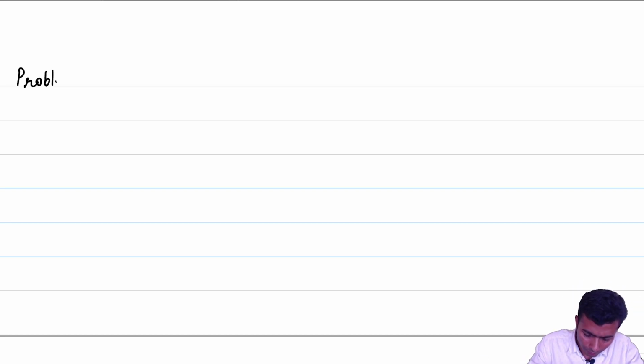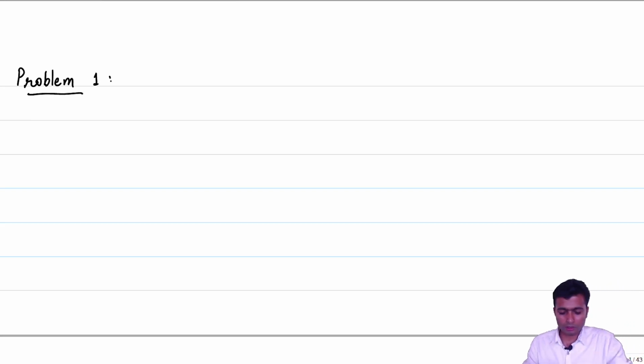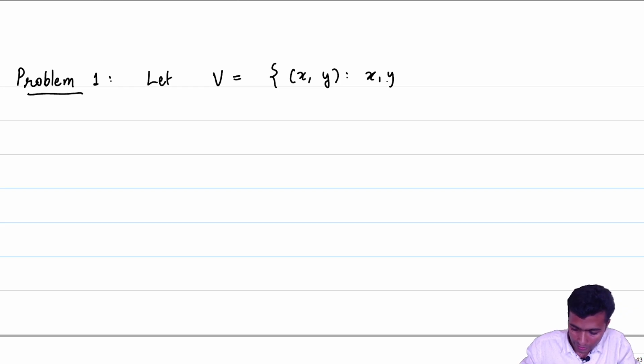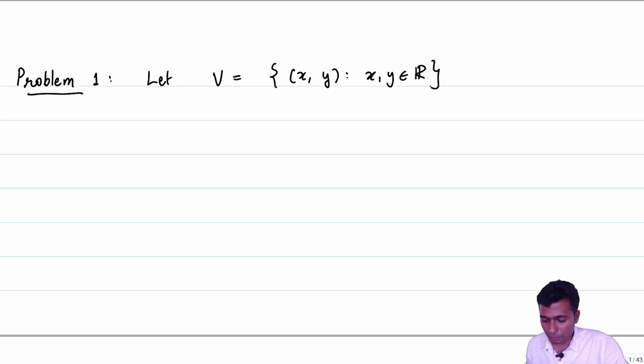Okay. So problem 1. The problem 1 is as follows. Let V be the set of all elements x, y such that x, y are in R. Basically it is the Cartesian product of R with itself.